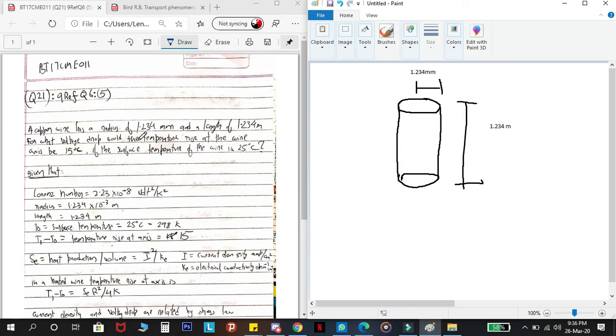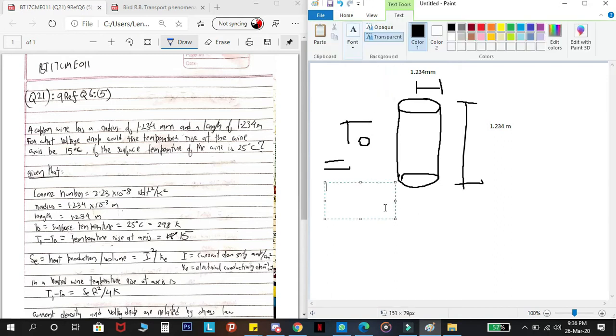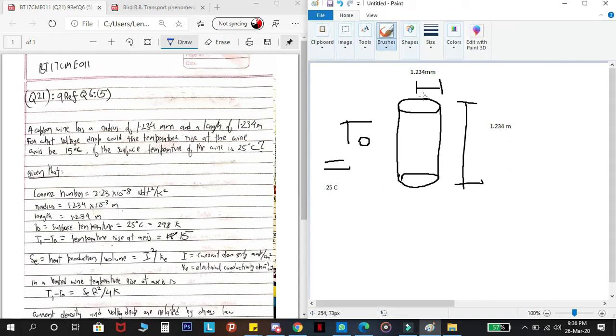Now, the question is asking us to find out, if the surface temperature T naught of this is equal to say 25 degrees Celsius, what amount of voltage drop would you need to apply for this temperature at the axis T1 to be equal to this 25 degrees Celsius plus the rise in temperature, which is 15 degrees Celsius, which is 40 degrees Celsius.